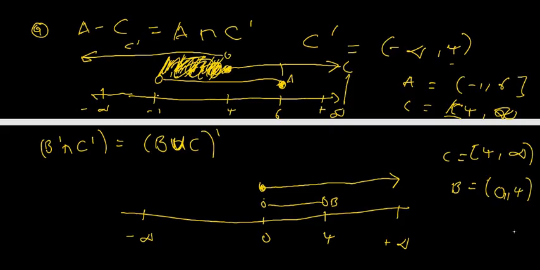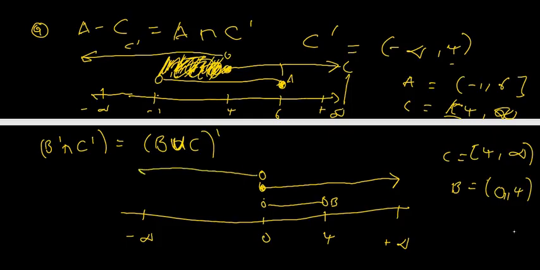We can simply say, in another way, that this is the same as finding the intersection of B complement and C complement. Since this is our C, our C complement will be here, like this.